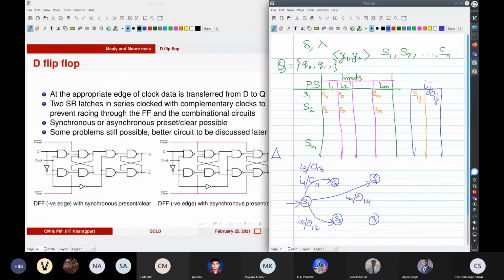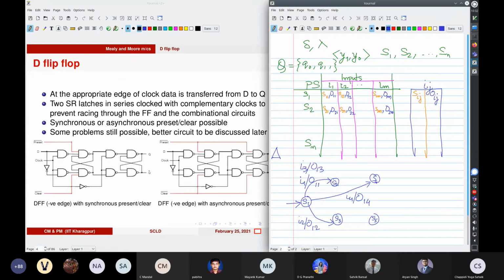Here I will usually write O11, O12, and so on, O1N, O21. So on each input, what do you see in this table?